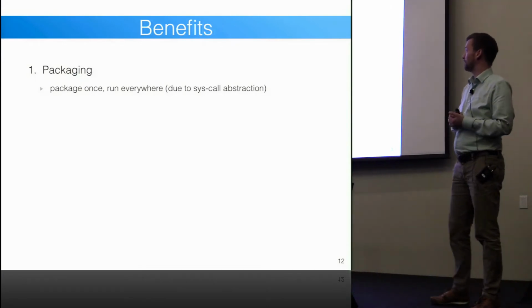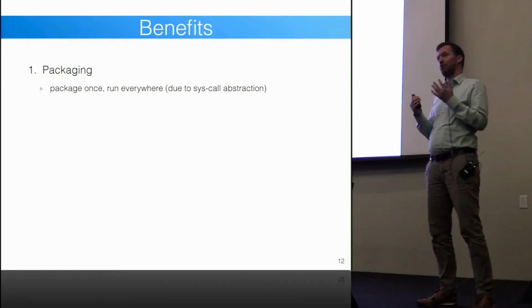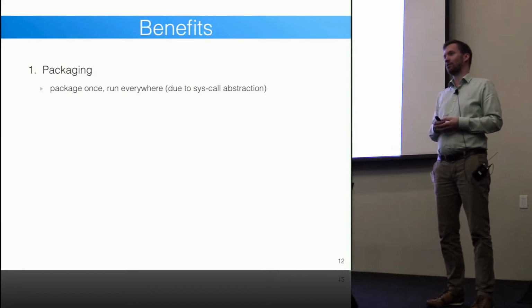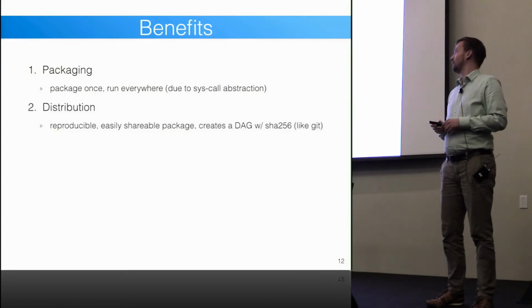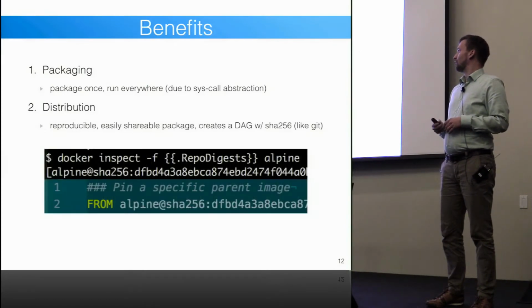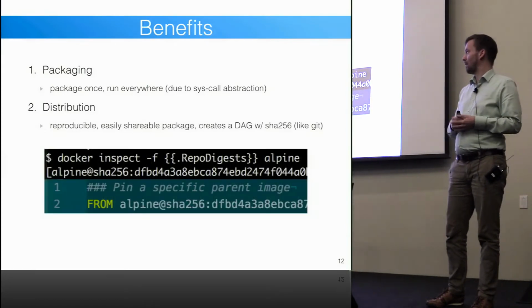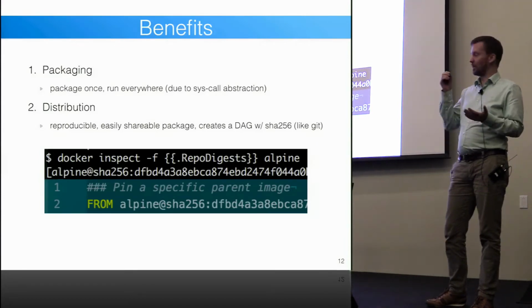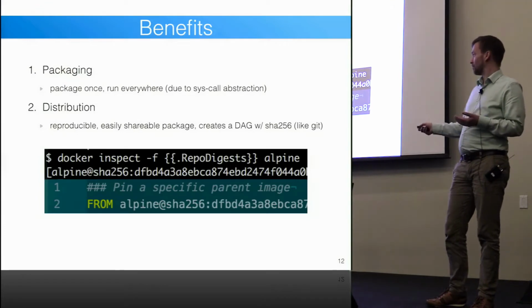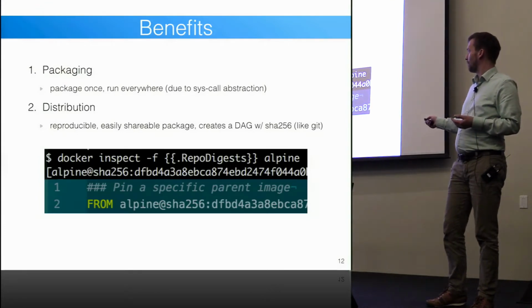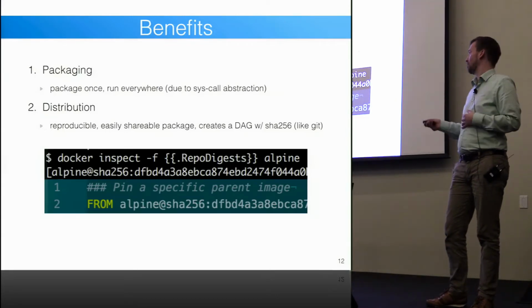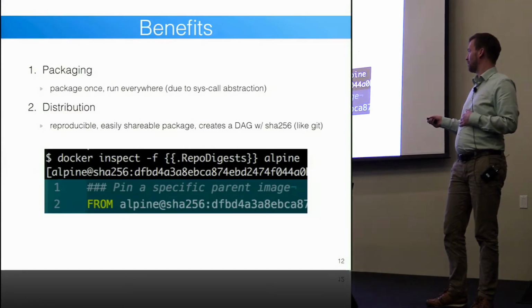The benefits of containers are packaging, so you can package the container once, and then you can run it everywhere. Everywhere means on all Linux systems with a recent kernel. You can distribute this container everywhere, and it's reproducibly distributed, because each container that you download or upload will get a SHA hash, which is kind of like a git commit hash, and then you can pin this specific image.